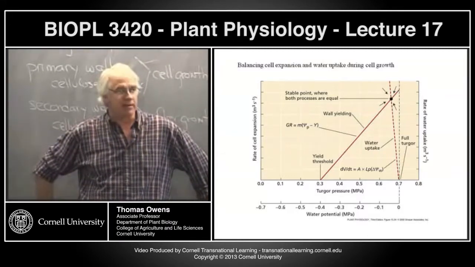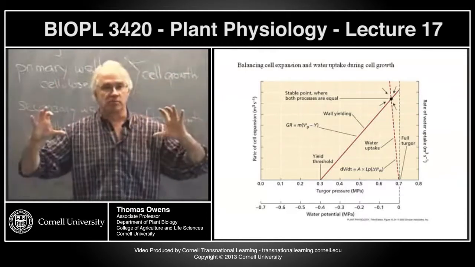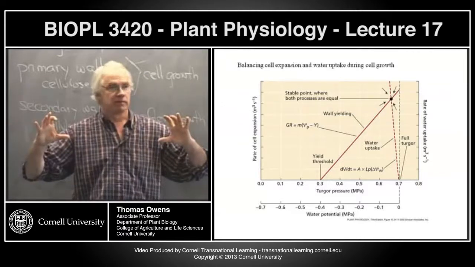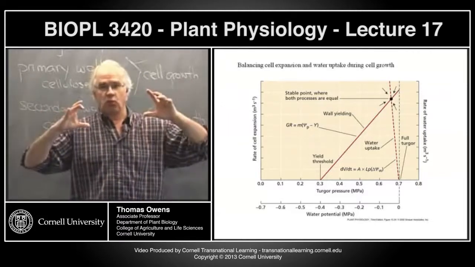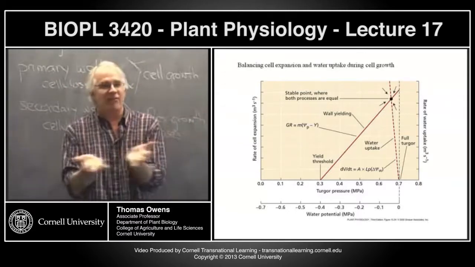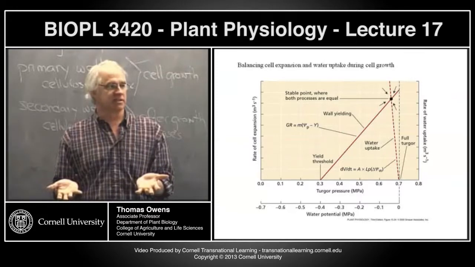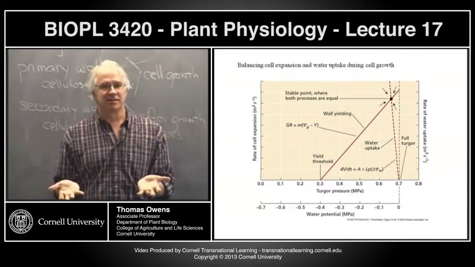What's going to happen if the cell gets bigger faster than water comes in? Well, plasmolysis, what would be the characteristic of our cell under these circumstances? Not really plasmolyzed.